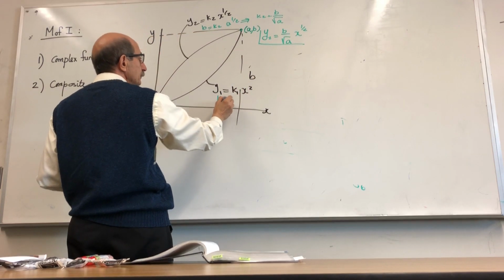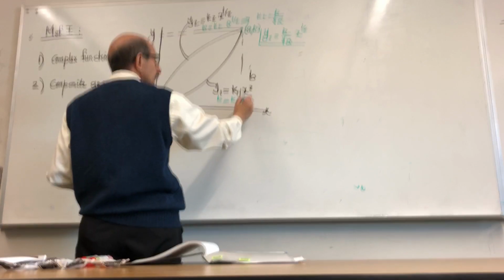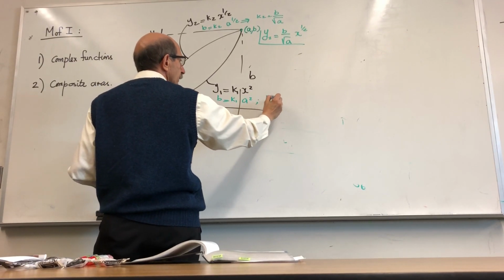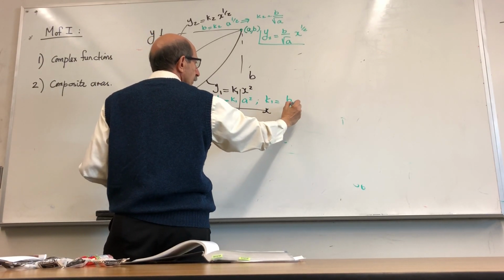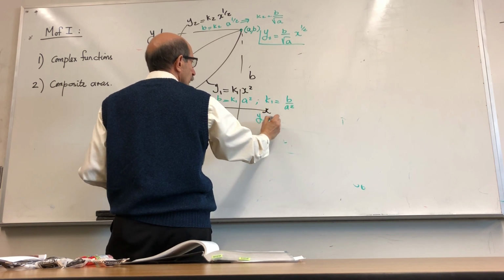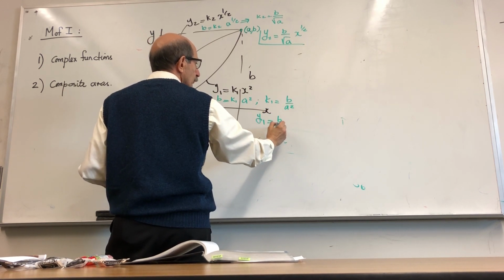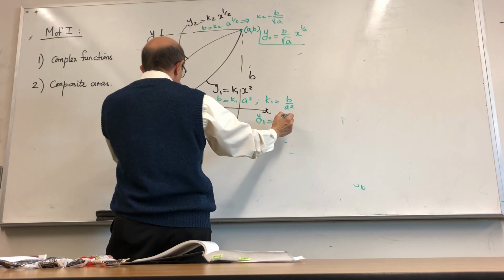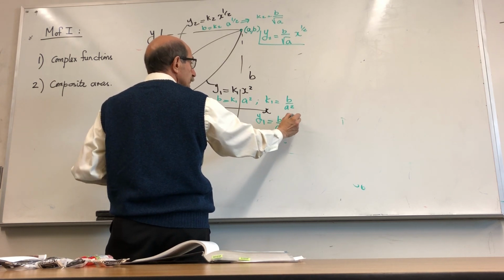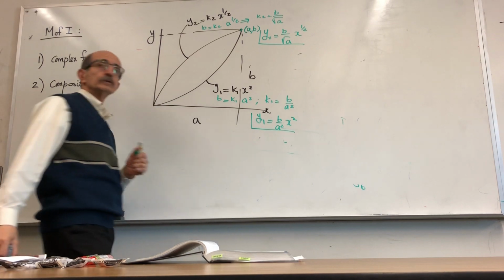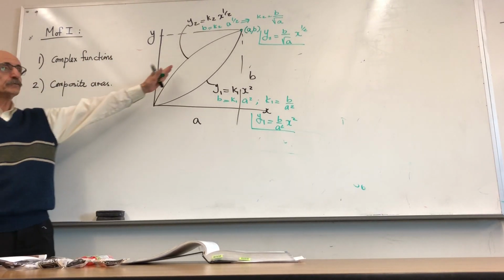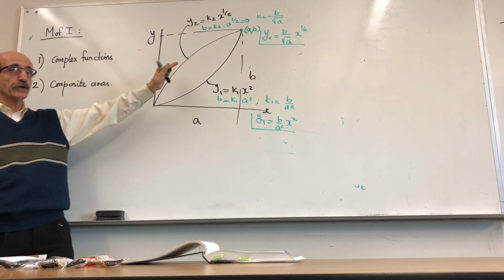Here, we have B is equal to K1 A squared, so K1 would be B over A squared, therefore Y1 is B over A squared X squared.